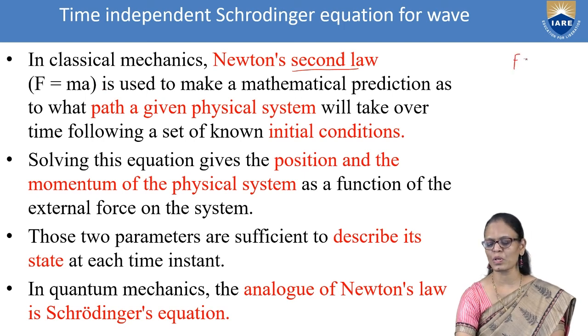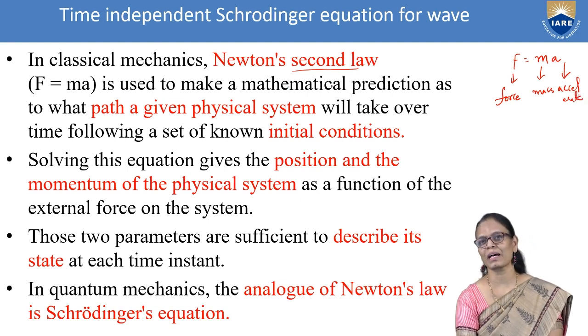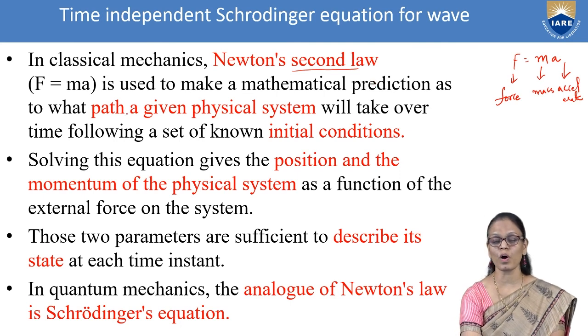What F is equal to ma describes is this: F is the force, this is the fundamental equation here, m is the mass, and a is the acceleration. This is used to make the mathematical prediction as to what path a physical system will take following a set of initial conditions.